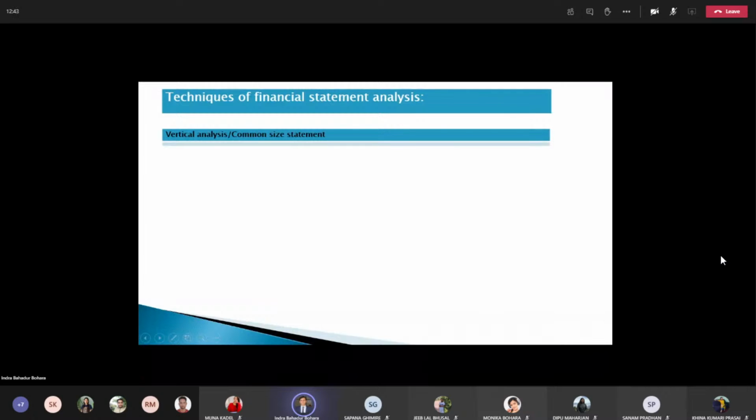Similarly, in the balance sheet, total assets is assumed 100%, and out of the total, how much is cash, how much is bank balance, how much is PPE, property, plant and equipment, how much is intangibles, how much is investment, how much is other assets. And similarly in liabilities also, total liabilities and equity are equal to total assets.